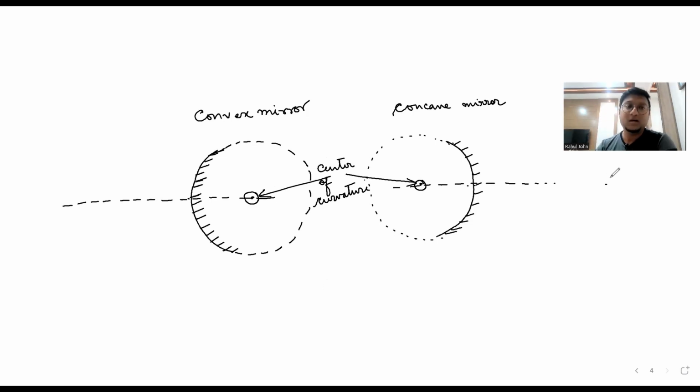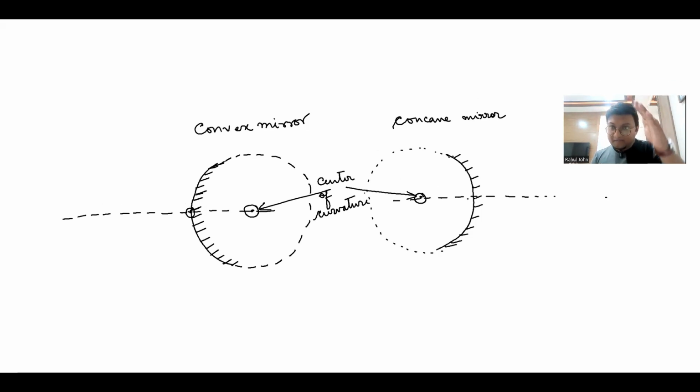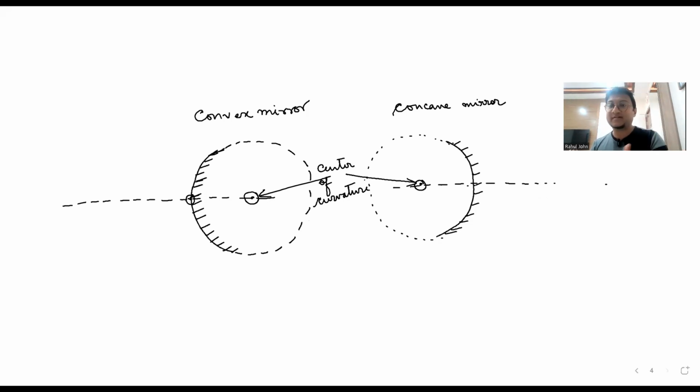Right? So the point at which this line cuts the mirror, or we can say the exact midpoint of the spherical mirror, will be known as the pole of the mirror.